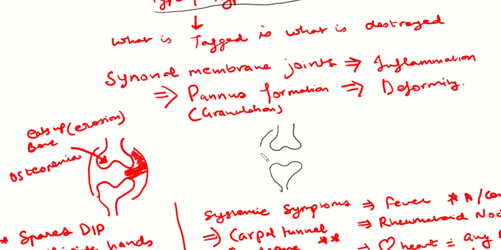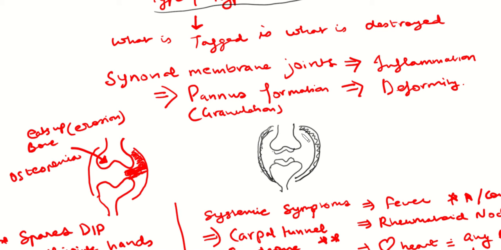And then there's synovial membrane, and then there's cartilage. This in particular affects joints which have synovial membrane, and what this does is it causes an attack on the synovial membrane, an inflammation on the synovial membrane.